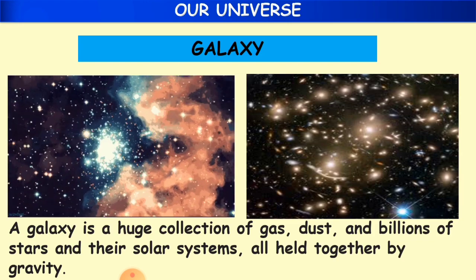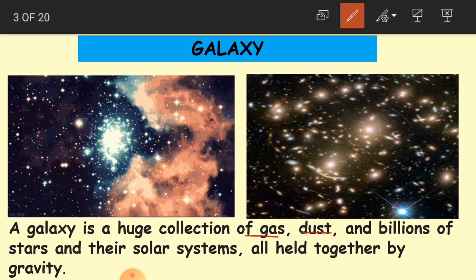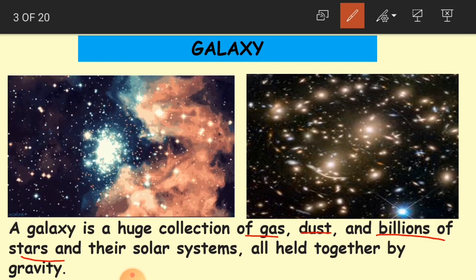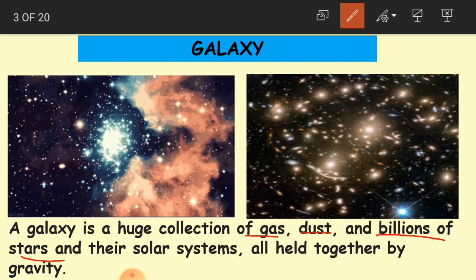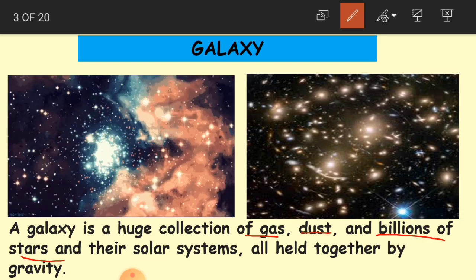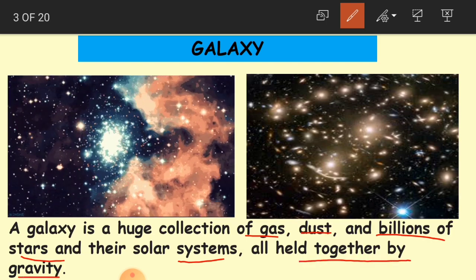A galaxy is a huge collection of gas, dust and billions of stars. Billions, this is unlimited, infinite, that is billions of stars and their solar systems, all held together by gravity.